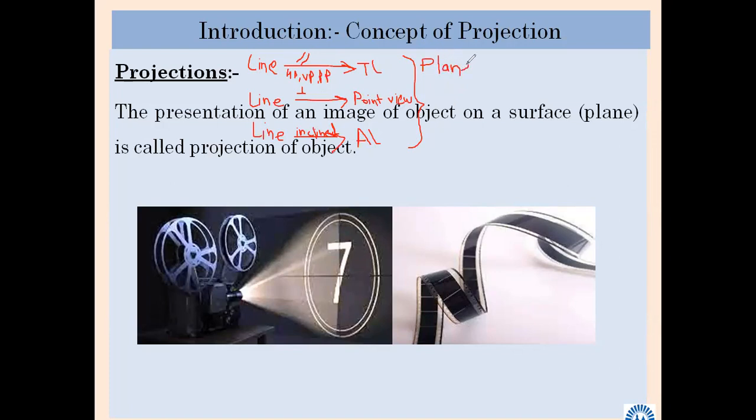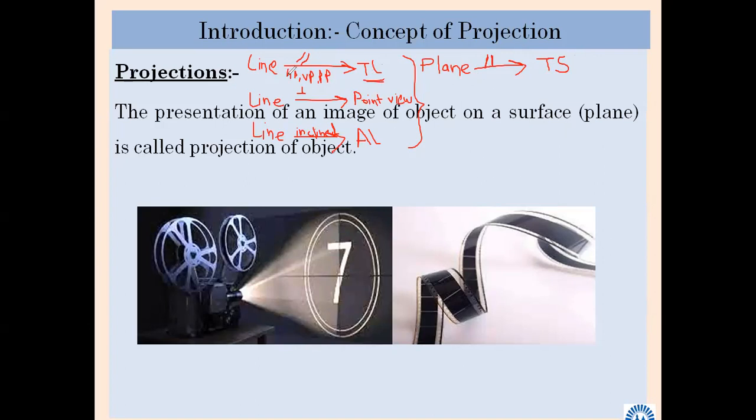If it is a plane parallel to one of the reference planes, here we were getting true length, here we will get true shape. Here we are calling it a true shape, TS. If it is parallel to one of the reference planes, it will show its true shape in that plane.